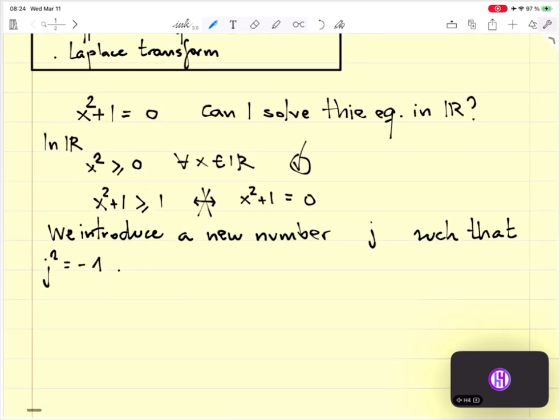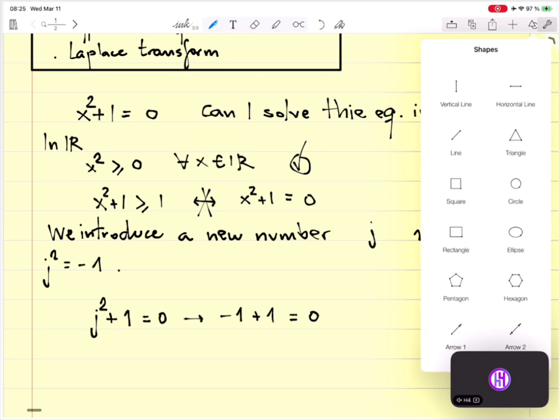So if we put j into x, let's say if we say j squared plus 1, this is a solution for the equation because j squared is -1, plus 1 equals 0. Okay? So j would be a solution to that equation above.